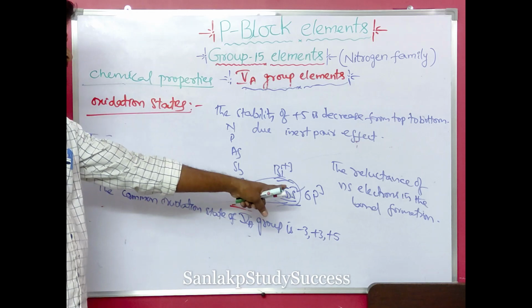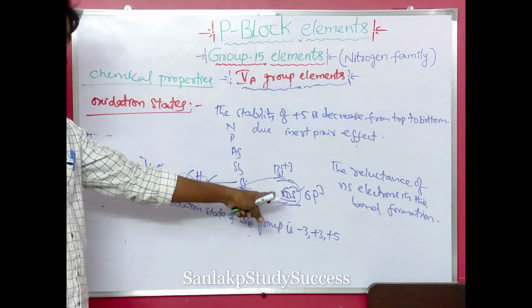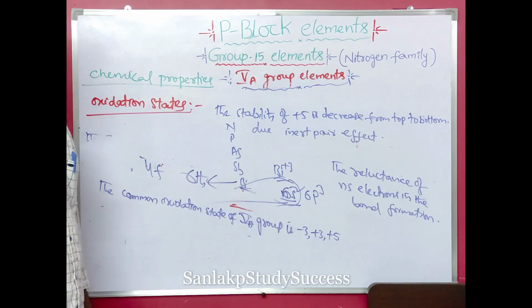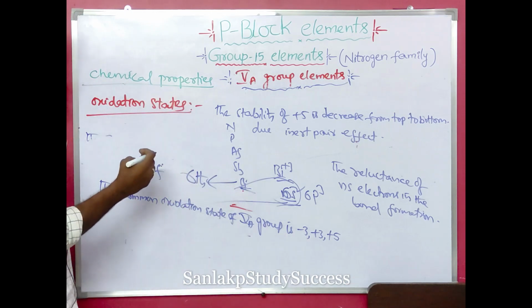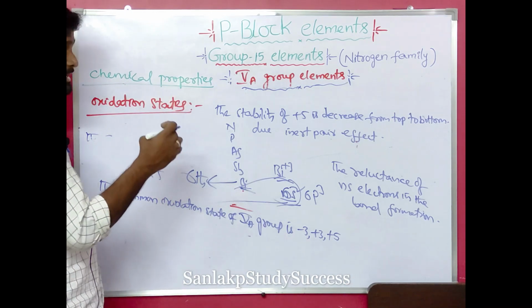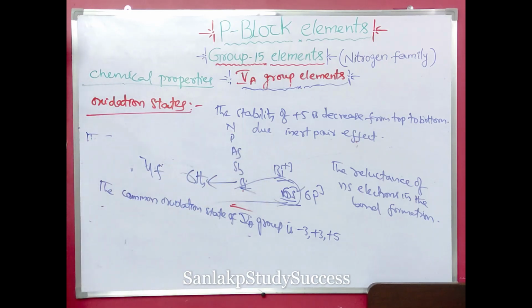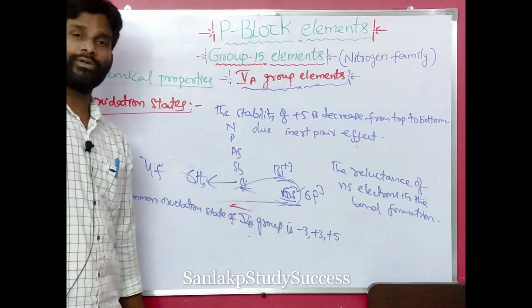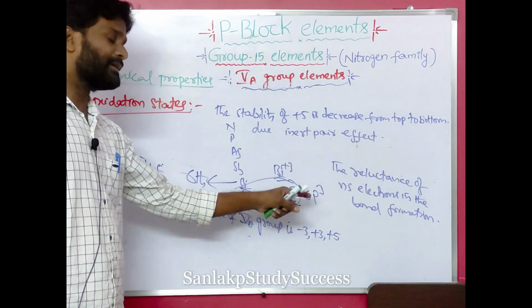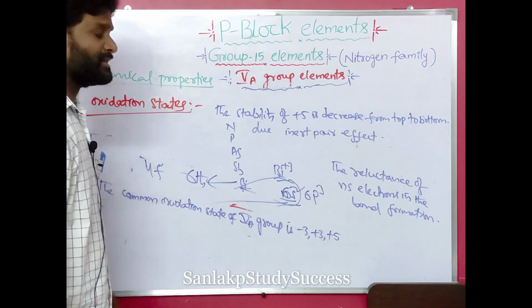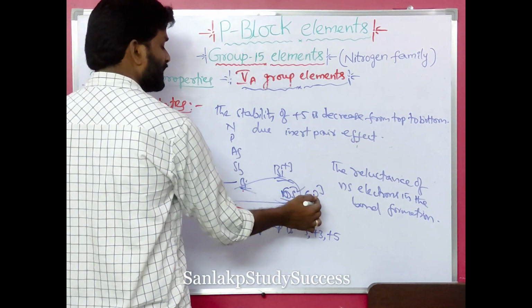In 6s and 6p, which is nearer to the nucleus? 6s is nearer to the nucleus. So high nuclear attractive force is present on the 6s electrons. The 6s electrons are strongly attracted by the nucleus. These electrons cannot be involved in bond formation. Only 6p electrons can be involved in bond formation. That means it can show a plus 3 oxidation state.